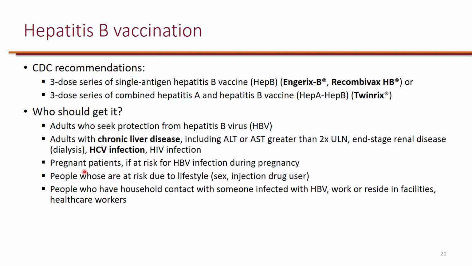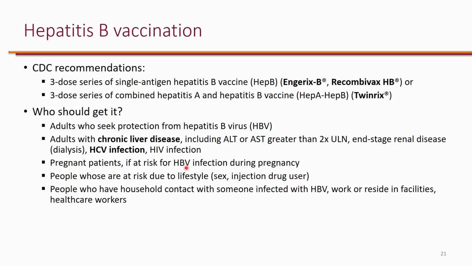Now, if someone is pregnant, they should get the Hep B vaccine only if they are at risk of getting Hep B during pregnancy. Otherwise, if they don't have any risk factors for getting Hep B, it should be delayed until after pregnancy, because the two vaccinations that everyone should get during pregnancy are just the flu shot and the Tdap.